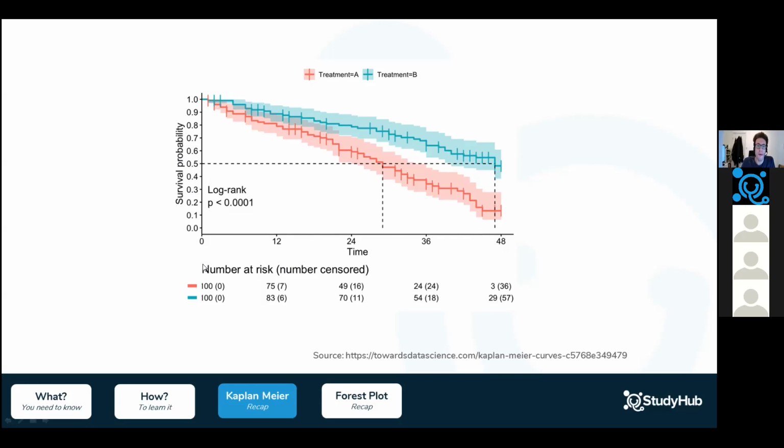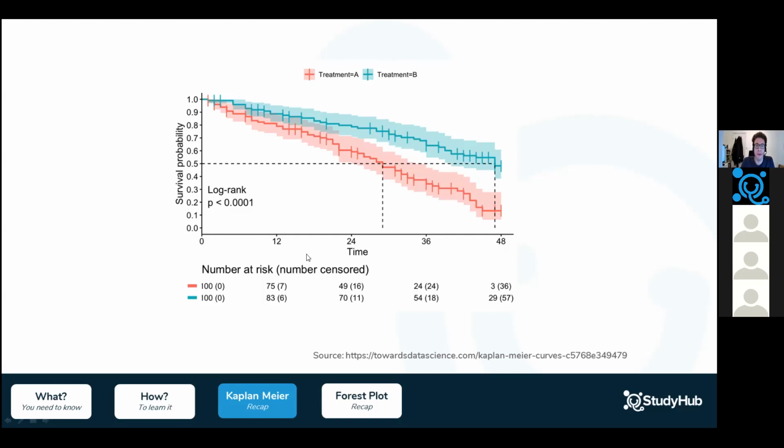The first thing to note is that at the bottom we've got time on the x-axis, and on the y-axis we've got survival. Everyone starts off here at 1. Sometimes it will say 100%, it's the same thing. Then as time goes by, people start succumbing to the disease, basically passing away. What you're comparing is whether people on treatment A or treatment B do better.